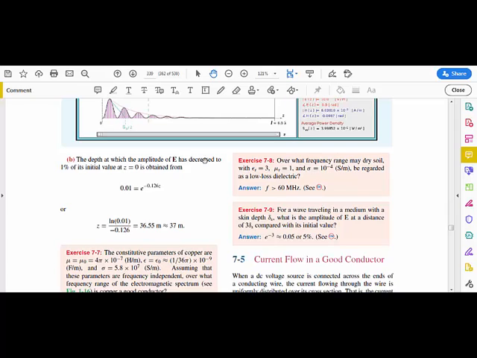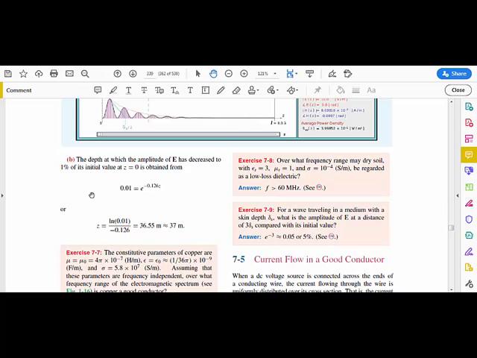Okay, so in branch B we need to calculate the depth where the magnitude of the electric field decreases to 0.01. The depth at which the amplitude of the electric field decreases to 0.01, or 1%, of the initial value at z equal to 0.